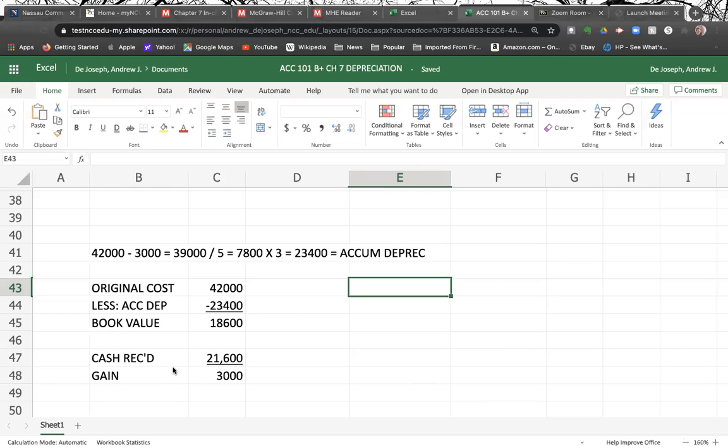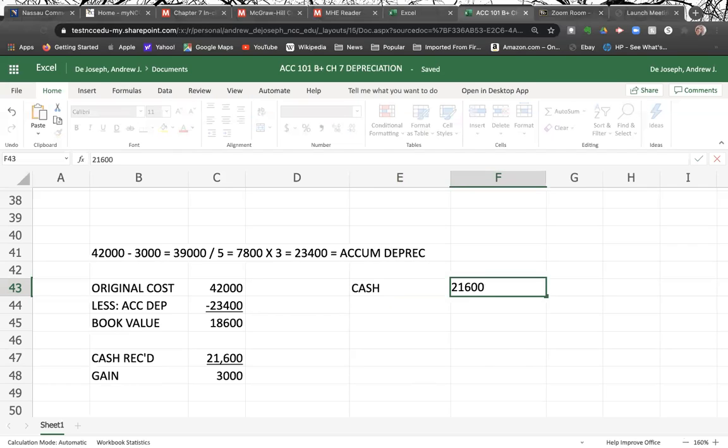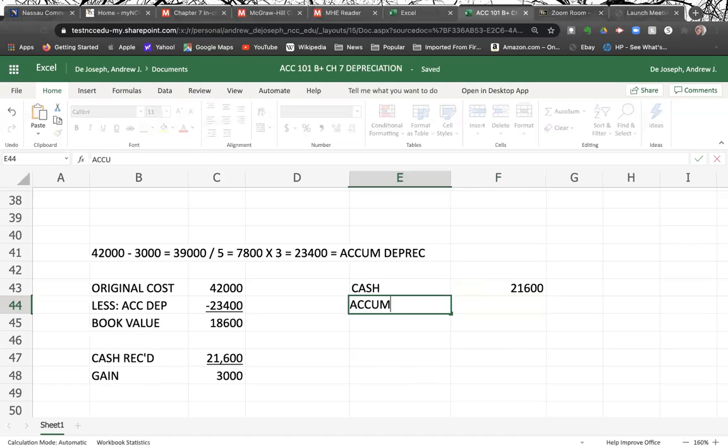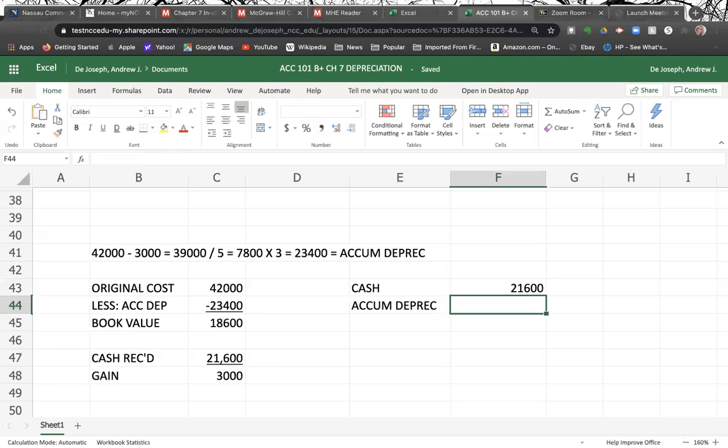Well, I have to debit cash for the amount of cash I received. What did I receive? 21,600. I have to debit accumulated depreciation for 23,400. Where'd that come from? Right here.